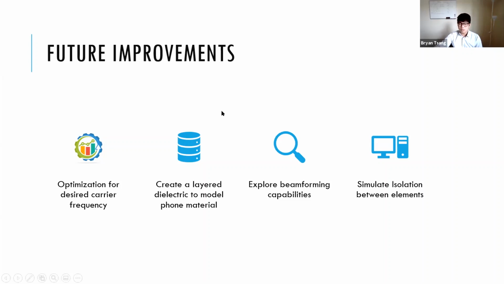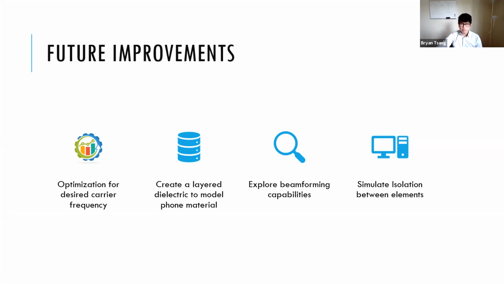I would also explore beamforming capabilities, adding a phase shift within my array of elements in my smartphone design. And the last thing I would do is simulate isolation between elements.